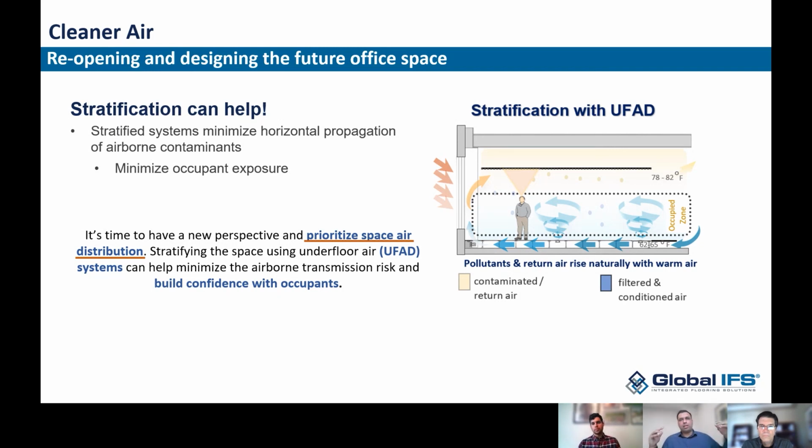So if you have systems where they have to go through tens of feet of ducting before they get to the occupant, plus they get introduced at the ceiling level and travel another 10, 15 feet before they get to the occupant, they're going to pick up contaminants that they have to deal with before they get into the occupied space. With underfloor air systems, you could bring the introduction of those ions a lot closer to the occupant itself.